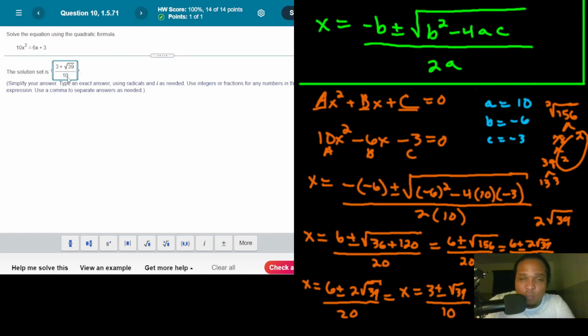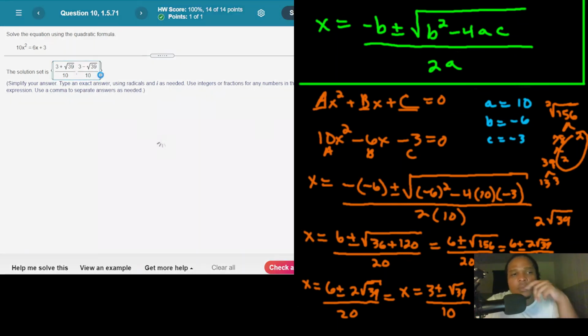That's the positive version, right? So comma, we're also going to have a negative version. Go ahead and put your fraction again. We have 3 minus the square root of 39, and then all over 10. Excellent.